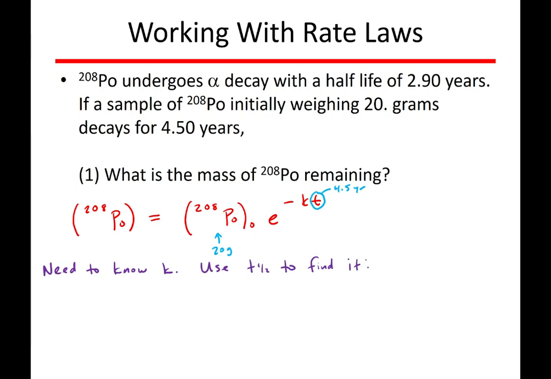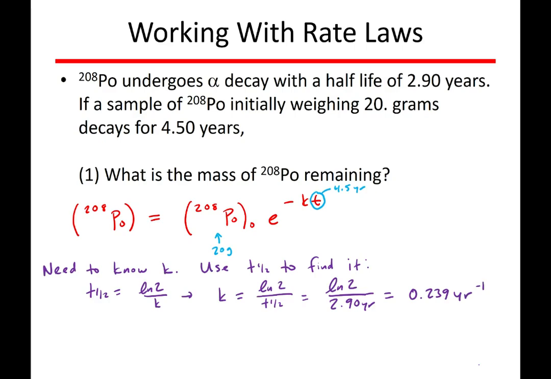We have our half-life equation that says t1/2 is equal to ln 2 over k, and then you can cross-multiply to solve for k, and get that k is equal to ln 2 over t1/2. Then we get ln 2 over the half-life, which is 2.90 years. When you plug this into your calculator, you find that the value of k, the rate constant for this reaction, is 0.239, and the units are years to the minus 1.